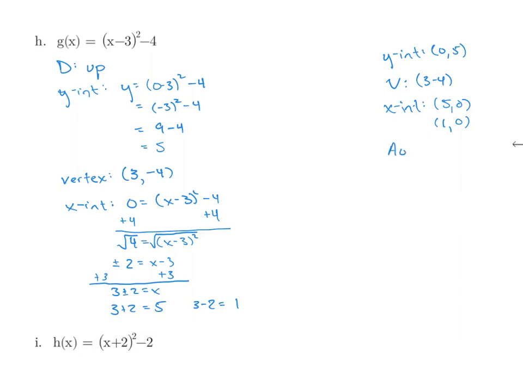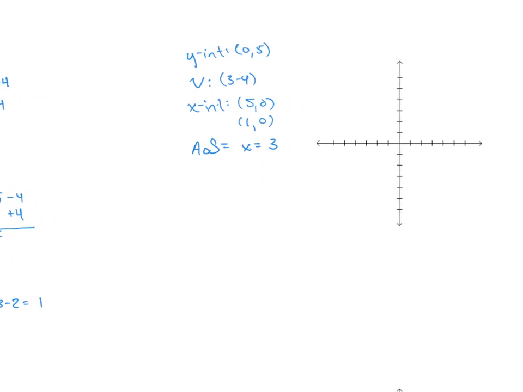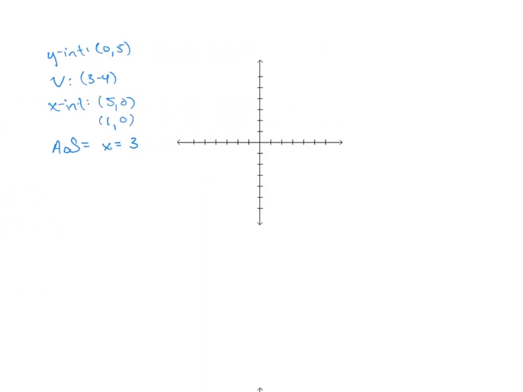My axis of symmetry, we're going to have x equals the x-coordinate of the vertex. So that gives us enough to start graphing this. So let's go ahead and plot what we have so far. We have a y-intercept of (0, 5), a vertex of (3, negative 4), and x-intercepts of (1, 0) and (5, 0).